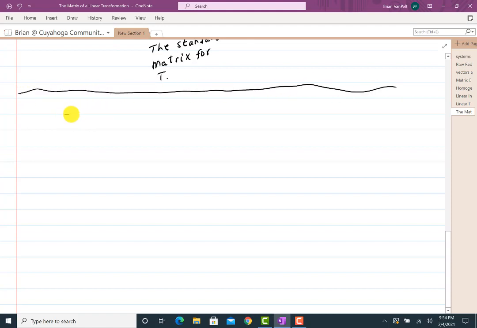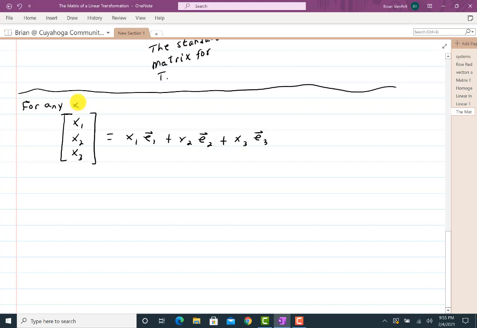Now, remember this, I did the following: x1, x2, x3, which is equal to x1 E1 plus x2 E2 plus x3 E3. This is true for any x in R3, so I can write x as just a general vector, but I can do this.